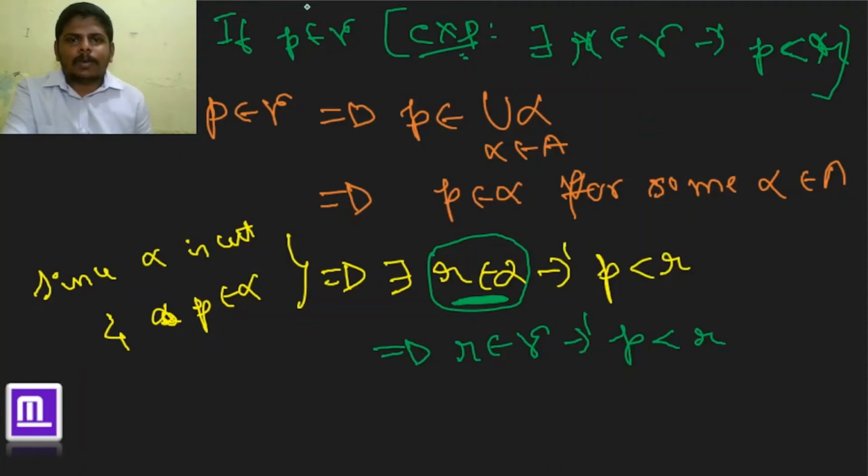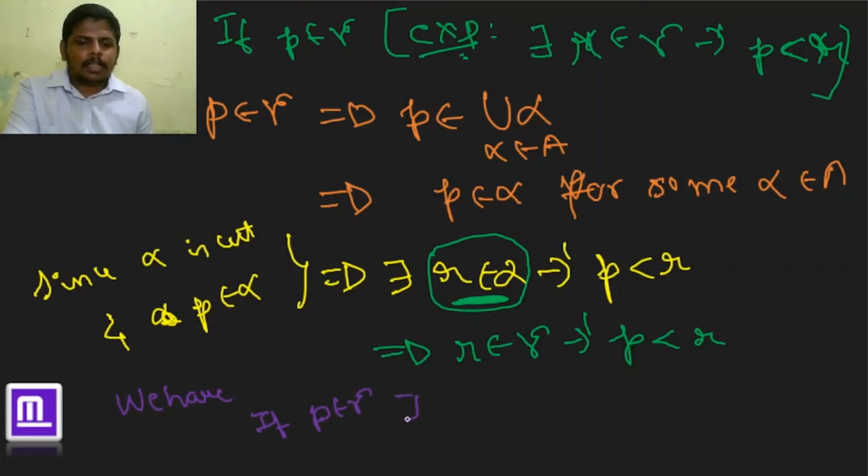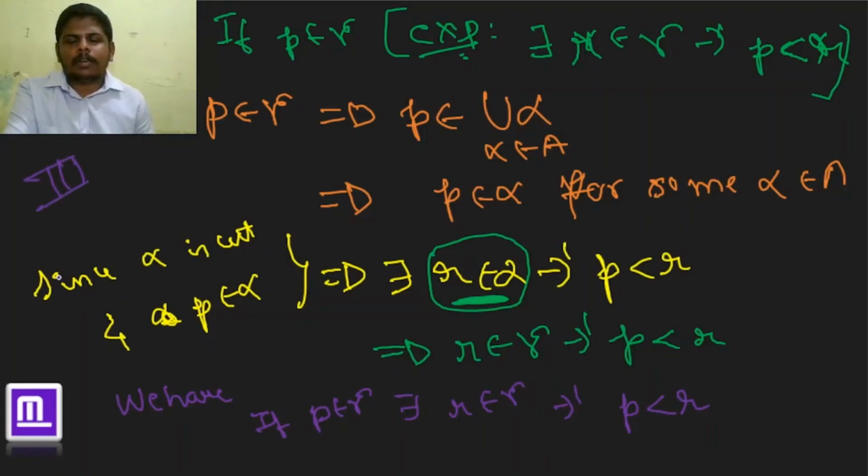So what do we have now? Finally we have: if p is an element of gamma, then there exists an r in gamma such that p is less than r. So the third property is done.